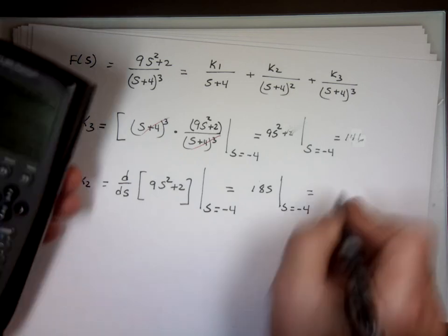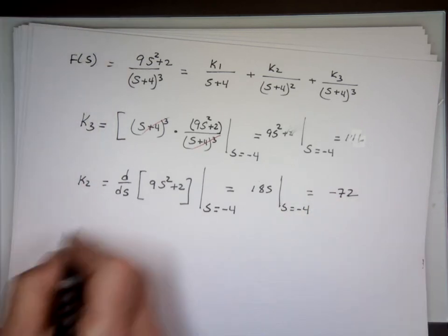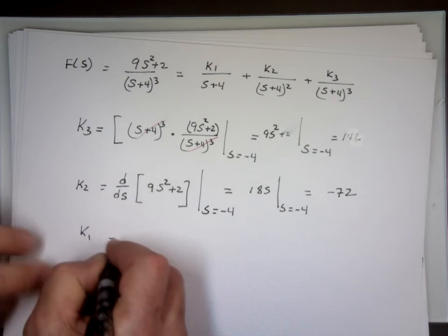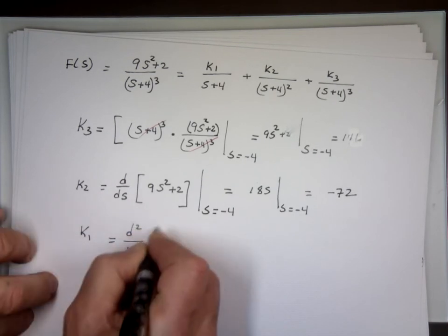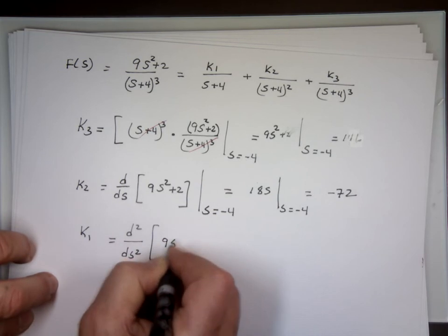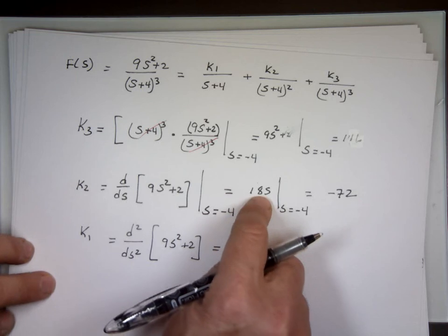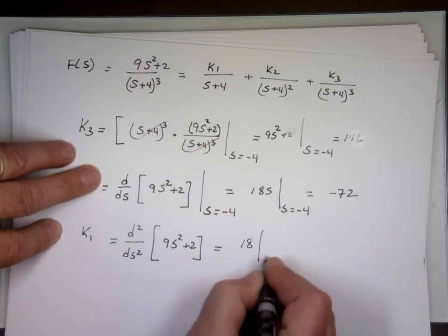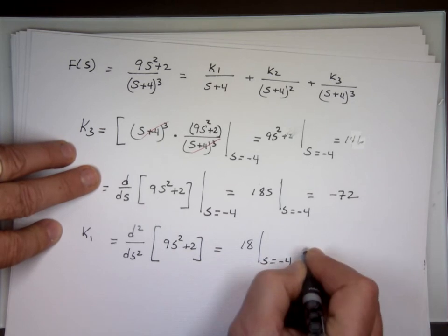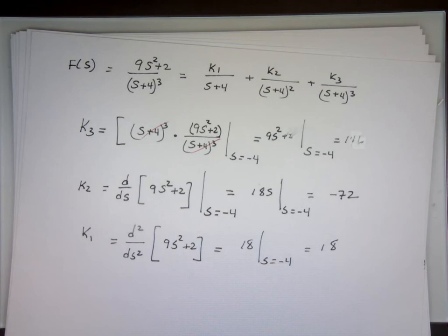And what is K1? K1 is the second derivative of the 9s squared plus 2, which is the derivative of 18s. What's the derivative of 18s? 18 when s equals negative 4. And what's your answer? 18. I try to make it really simple because I'm looking at the clock, so I gotta go.